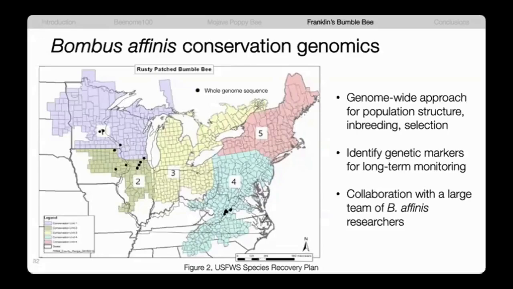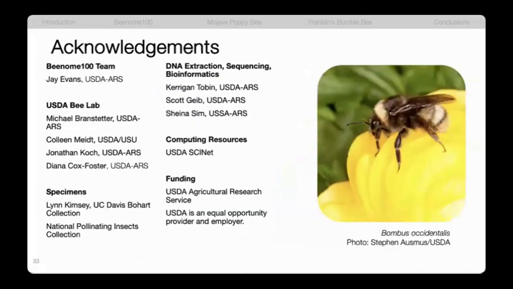So our plan with these data is to characterize population structure, assess inbreeding using a genome-wide approach, and then to identify genetic markers that could be used for long-term monitoring of this species as we strive for its recovery. And of course, this work is a collaboration with a really large team of Bombus affinis researchers.